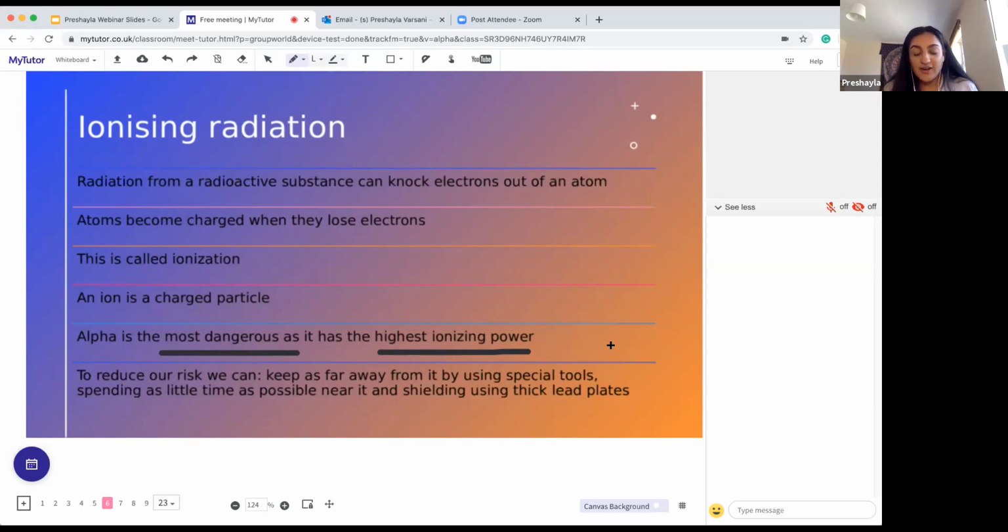So to reduce our risk, we can keep as far away from it as possible by using special tools to handle sources that emit alpha, spending as little time as possible near it, so reducing our exposure time, and we can shield it using thick lead plates. So there's lots of things that we can do to reduce our risk of getting alpha radiation in or near our bodies. So it's dangerous because it has the highest ionizing power. We do not want charged particles in our bodies, basically.